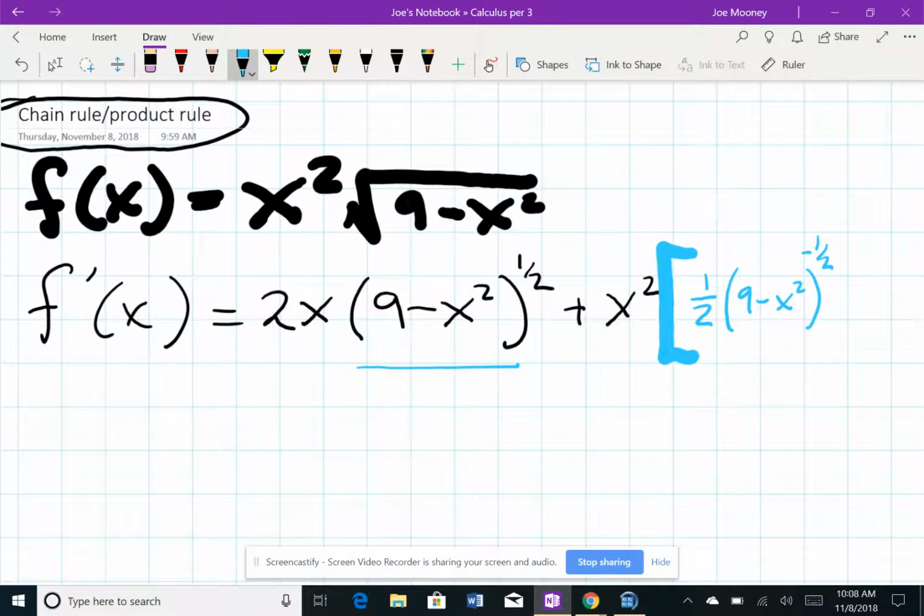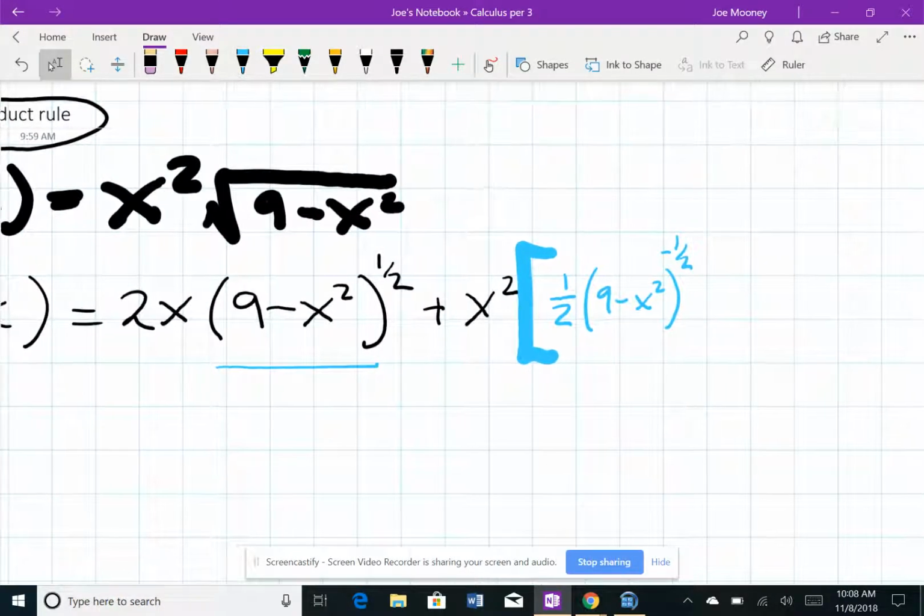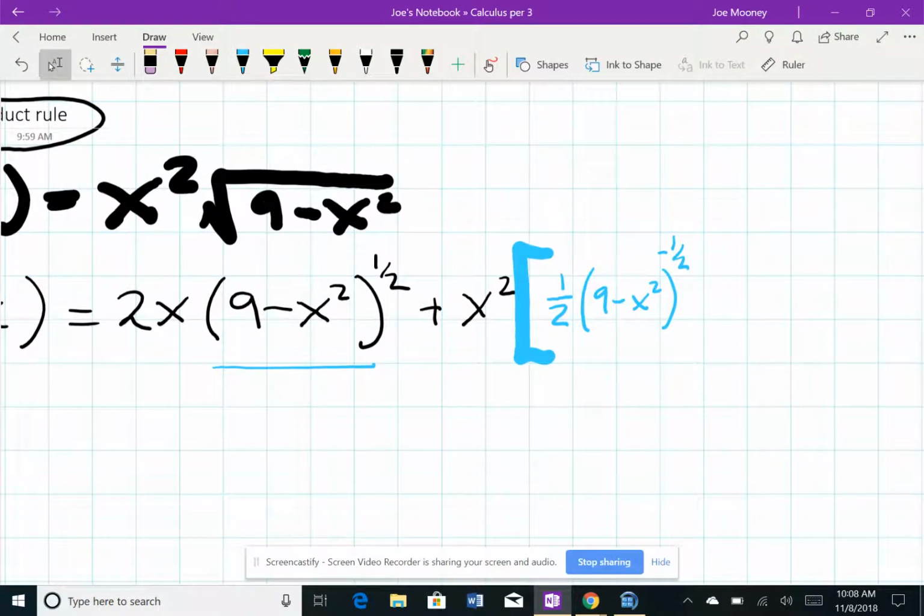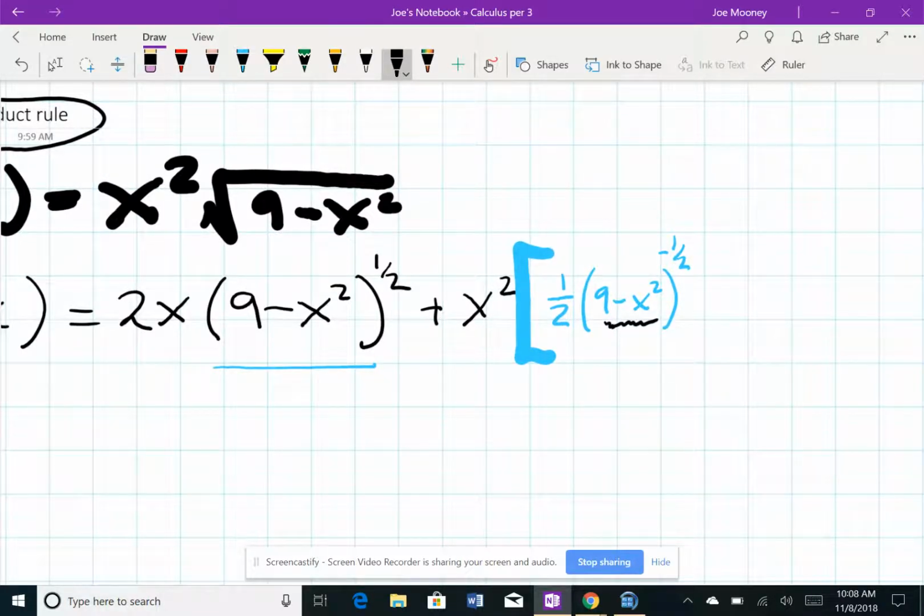Then I'm going to multiply it by the derivative of the inside. I want to know, what is the derivative of that? Well, we all know the derivative of 9 minus x squared is negative 2x. So let's just put that on behind it.